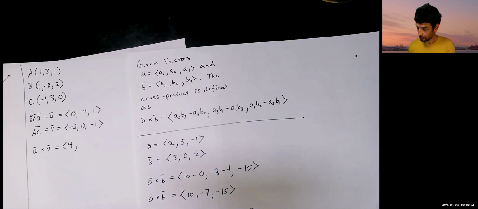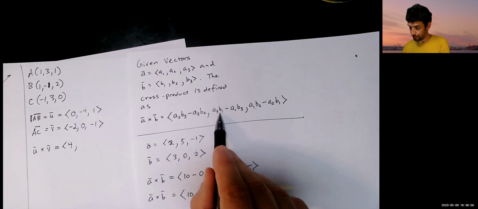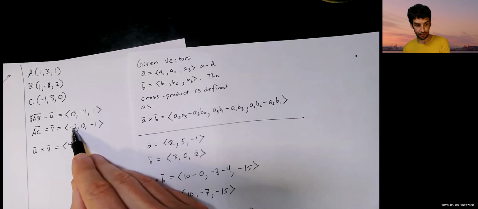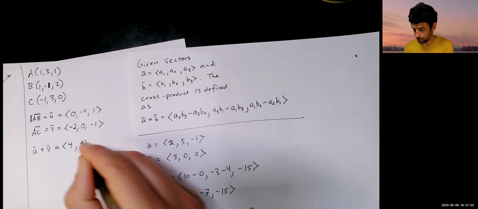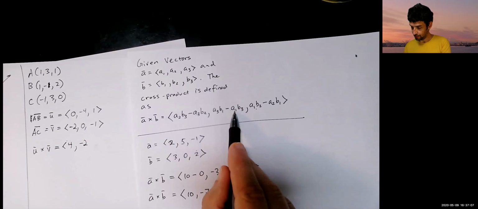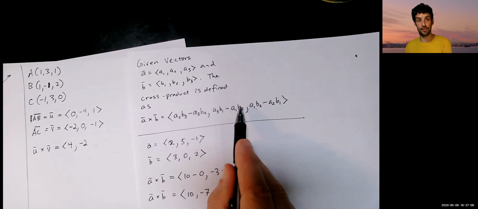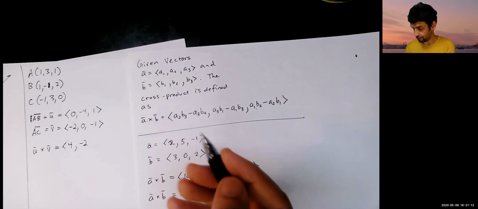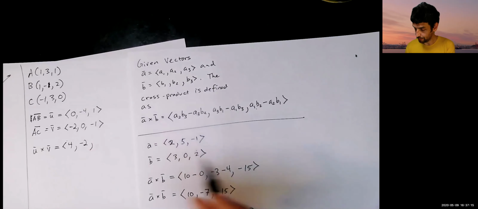And so that's 1 times 0, which is 0. So that one's done. Then I take the third component of the first vector times the first component of the second vector. So 1 times -2. And then I subtract the first component of the first vector times the third component of the second vector. 0 times -1. So that's another 0. So that one's good.